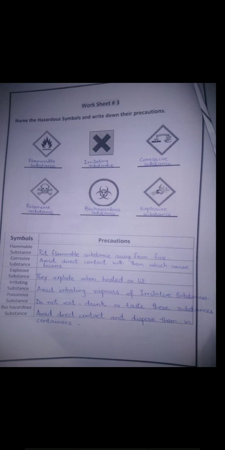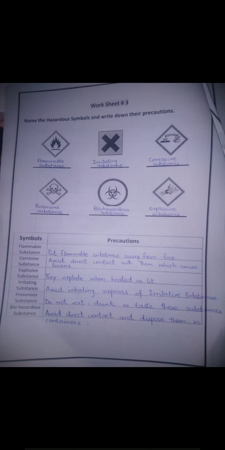Okay. Then the third worksheet asks you to name the hazardous symbols and write down their precautions to handle them. Hazardous symbols means the identification signs that tell us they are dangerous things, right? And precautions means how to use them and how to keep ourselves safe from them.